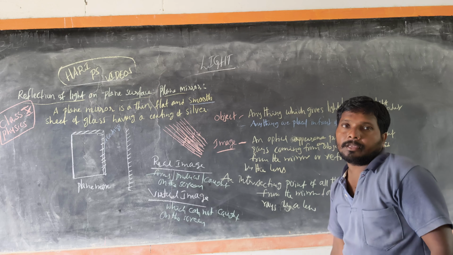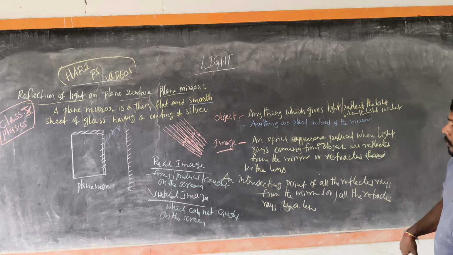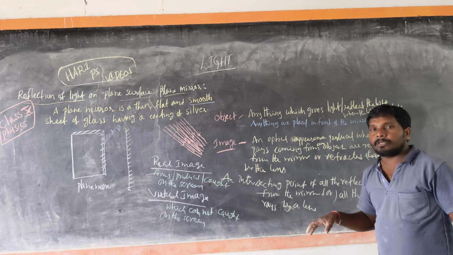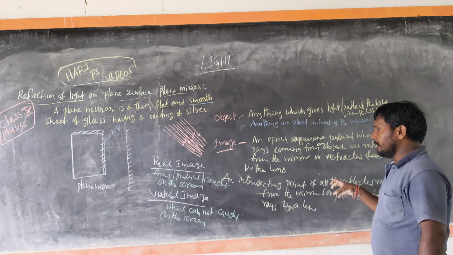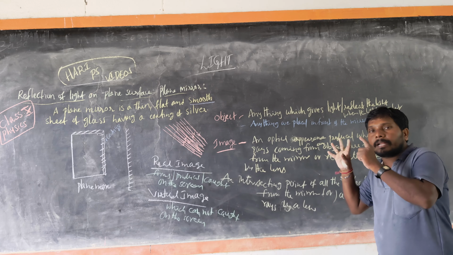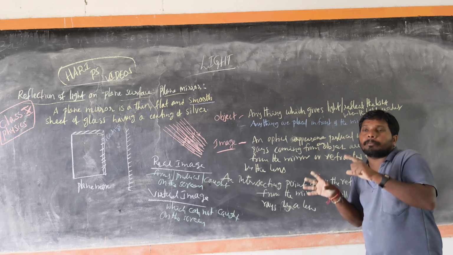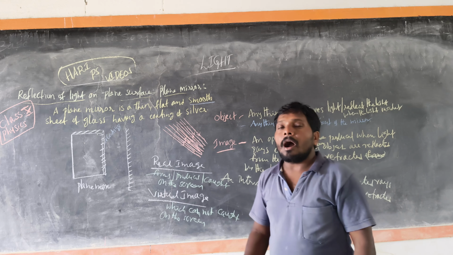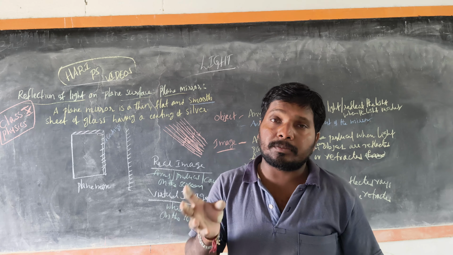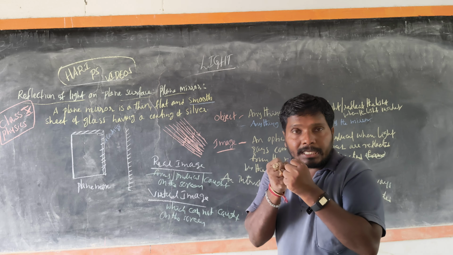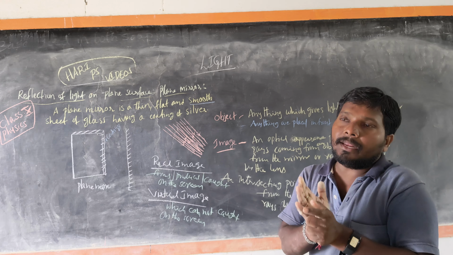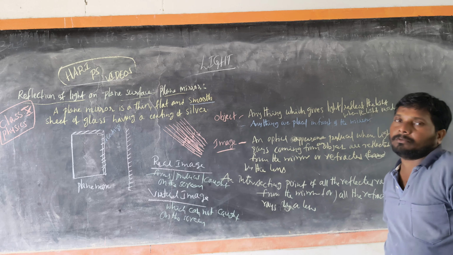How is an image formed? The point where all the reflected rays from the mirror or all the refracted rays by the lens meet, at that point the image is formed.